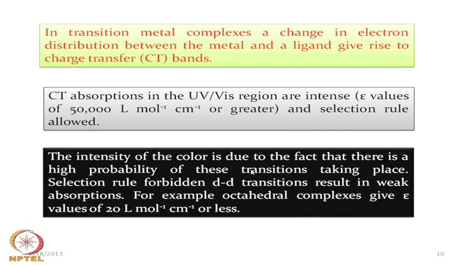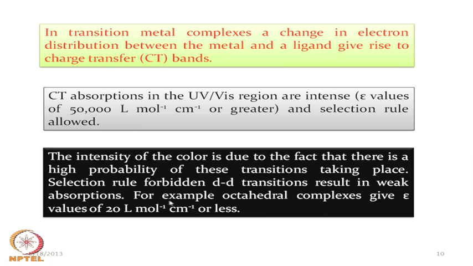So why do we see a high intensity in these charge transfer bands? The intensity of the color is due to the fact that there is a high probability of these transitions taking place. The selection rule for the forbidden dd transition results in weak absorption, but this selection rule no longer operates for these charge transfer transitions.